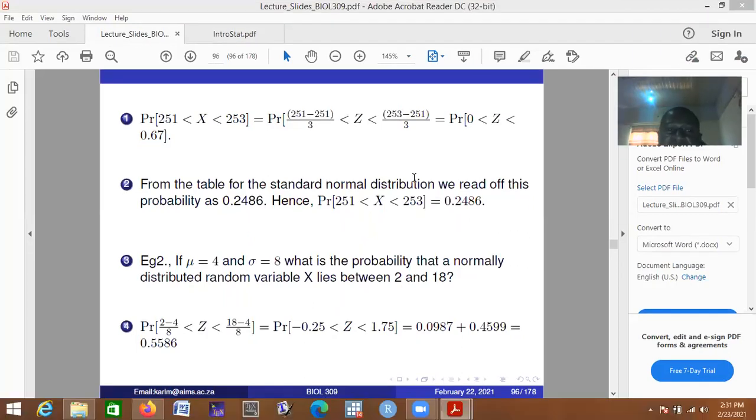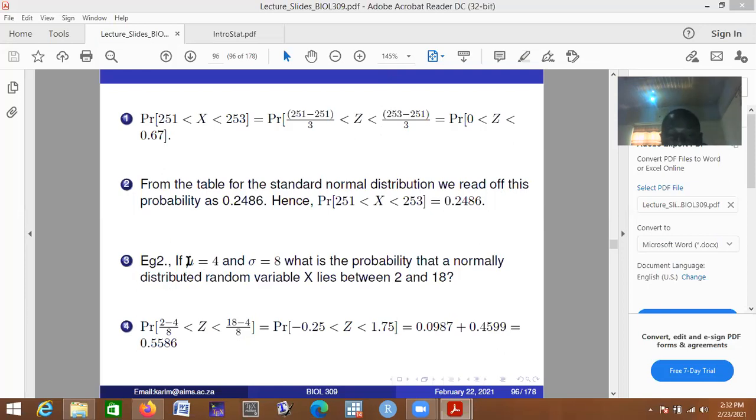Can you see the lecture slides? Yes, sir. Okay, so now let's look at another example.